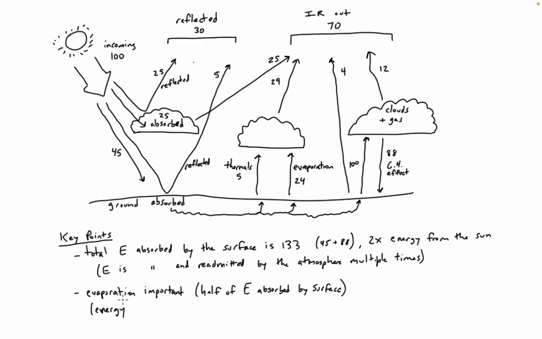So this is the evaporation being energy used to evaporate and then that energy is released at higher altitudes. When condensation occurs.